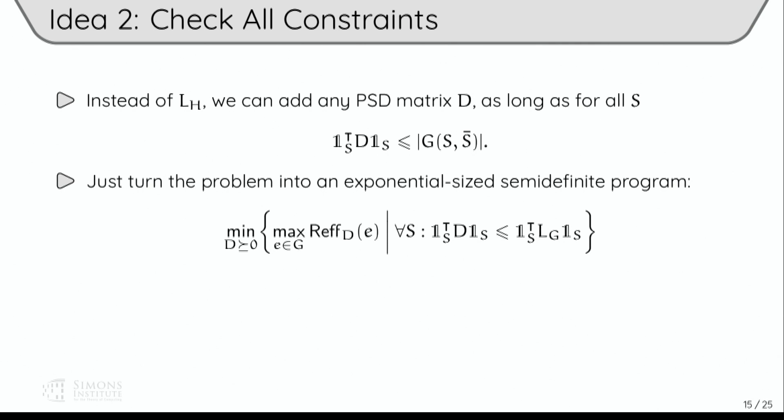All right. So you can check whether such a PSD matrix exists by writing down a convex program. You just write down the conditions that you're not blowing up the sizes of the cuts, and then you also write down the objective, which is the effective resistance of the original graph's edges in such a convex program.